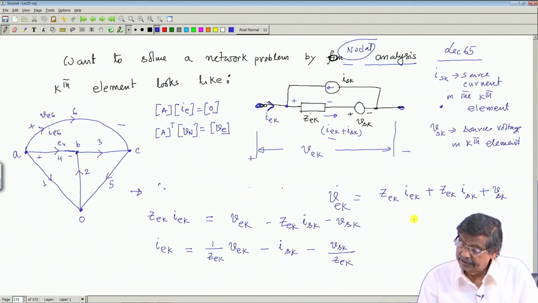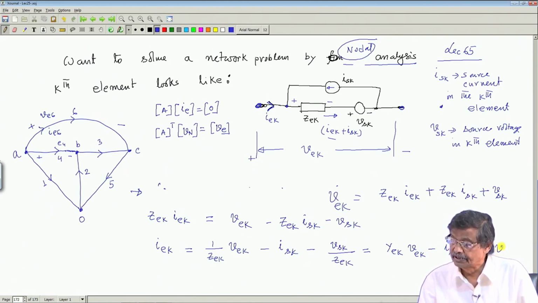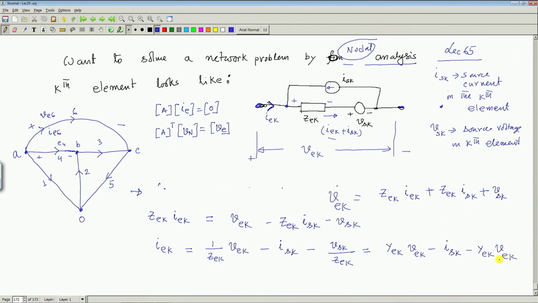But the reciprocal of impedance is admittance. So this can be written as y e k V e k minus I s k minus y e k into V e k. This equation is the equation of interest when you want to find the node voltages.